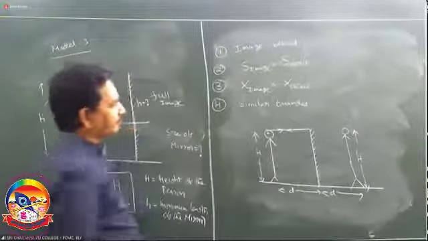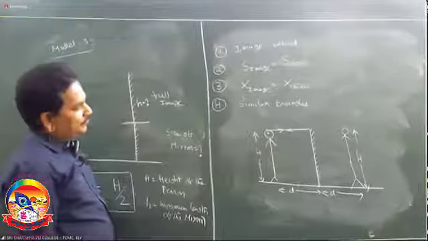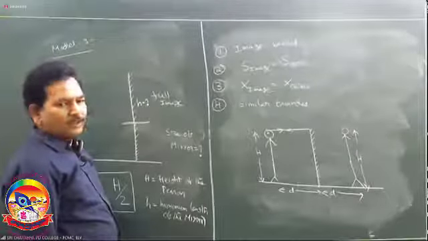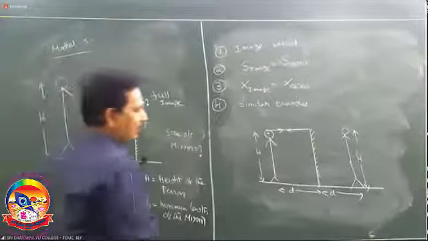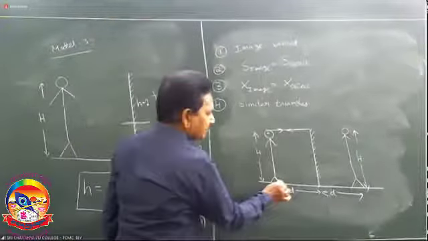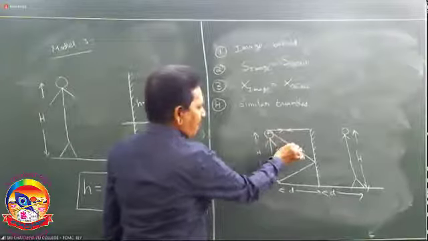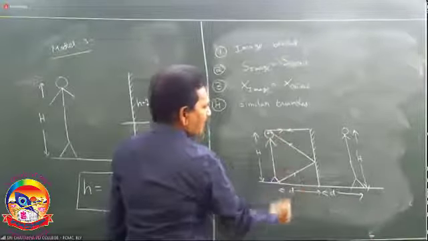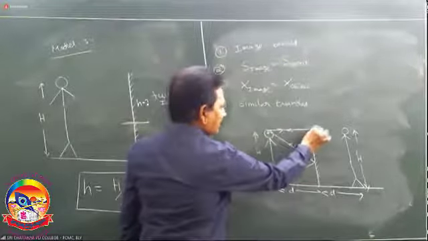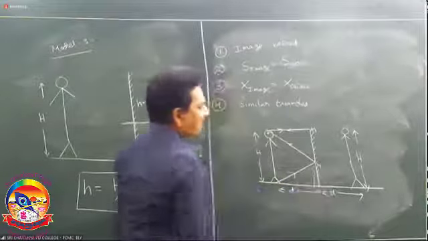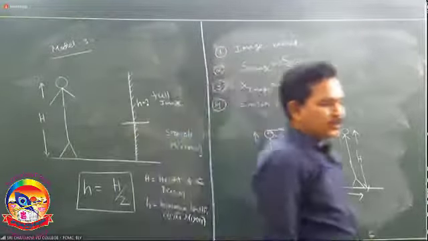From the head to the eyes, one light ray. From the foot to the eyes, another light ray. This is the mirror part required. This is waste. We don't want to see the full image here.